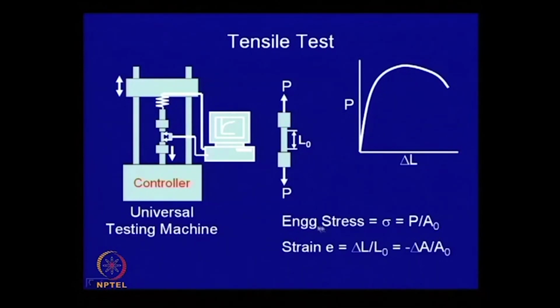So, engineering stress is defined as load or pull divided by initial cross sectional area, and the strain is defined as change in length divided by the original length. Likewise, there will be a relationship between the area and strain, and usually it is the reduction in area over original area. This also is strain.